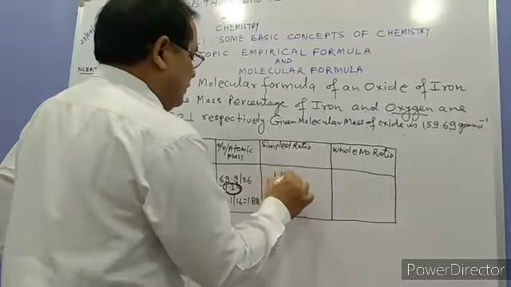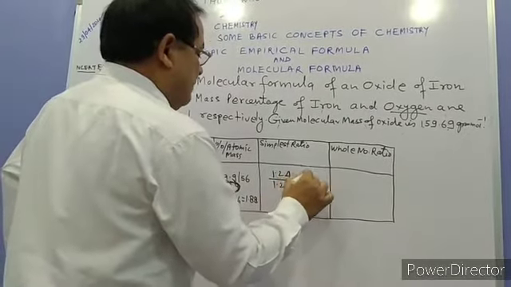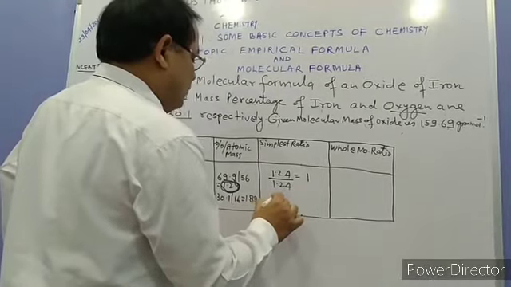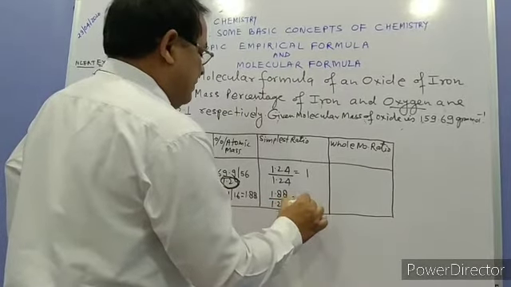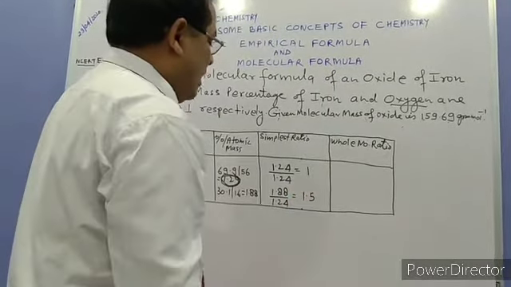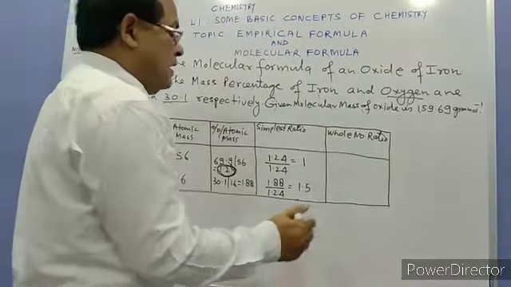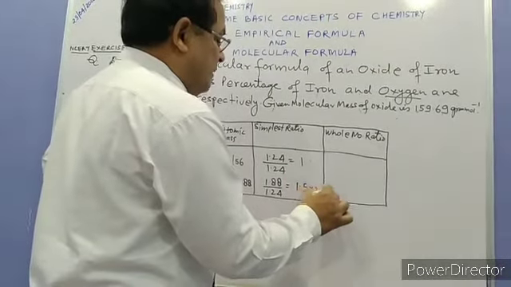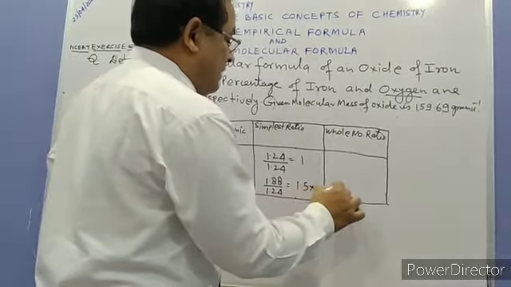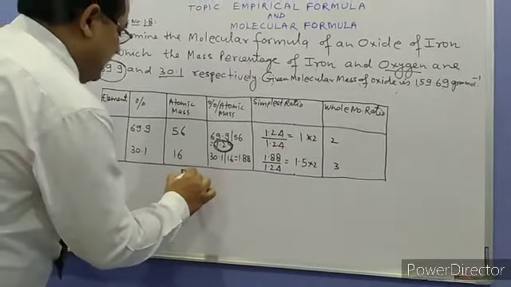So 1.24 divided by 1.24 is equal to 1, and 1.88 divided by 1.24 is equal to 1.5. Now we have to convert it into whole numbers, so multiply by 2. It will become 3, and 1 multiplied by 2 will become 2.